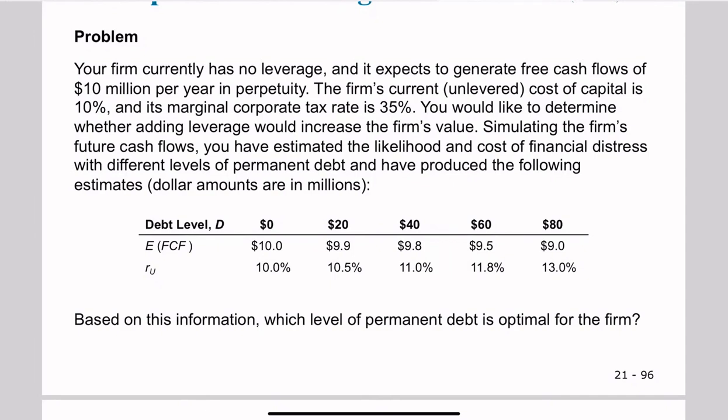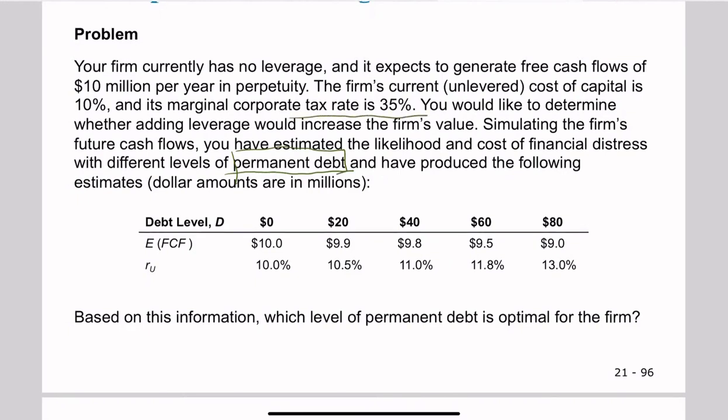So let's see what kind of data do we have here. So we first have this table, right? We have cash flows and we have unlevered cost of capital at different levels of debt. And then we also know that the firm is using permanent debt. And we also know that the firm has 35% corporate tax rate.